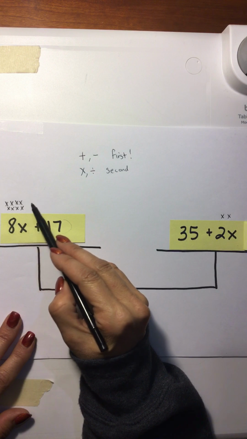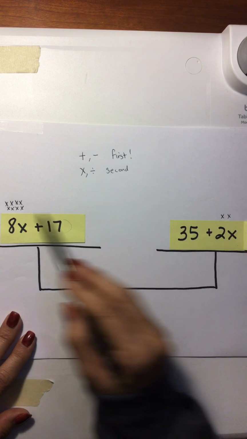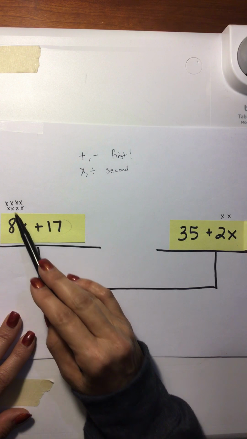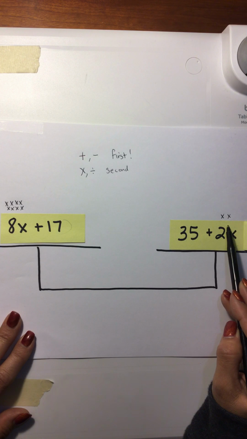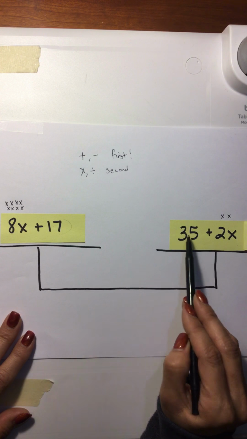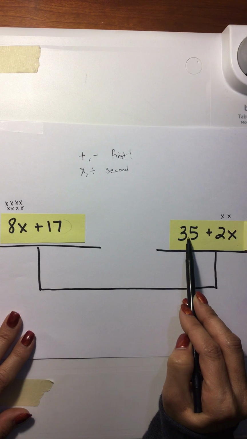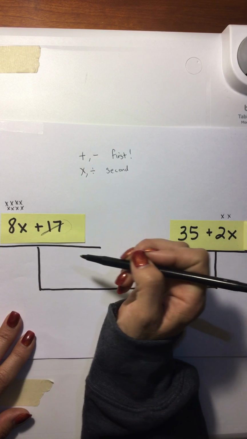All right, so let's look at this. We'll go ahead and save these, but if you can remember from that hands-on algebra app, we were already dealing with pawns on both sides. So you can just see this as 8 pawns and 2 pawns. Okay, so we need to go ahead and if we take 17 out here, we have to take 17 out there, right? When we take 17 away from here, it goes away, right?